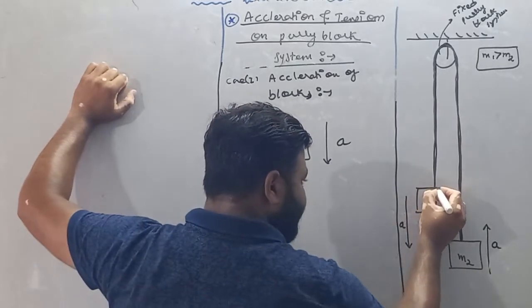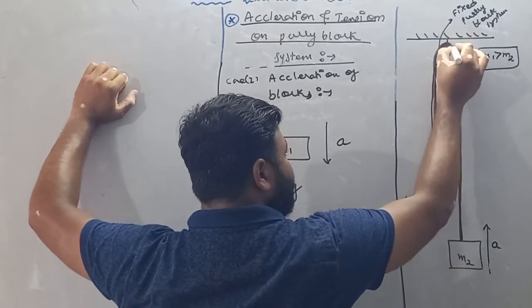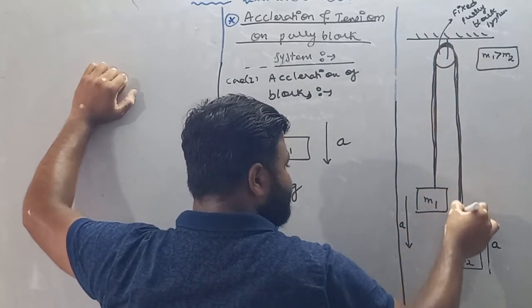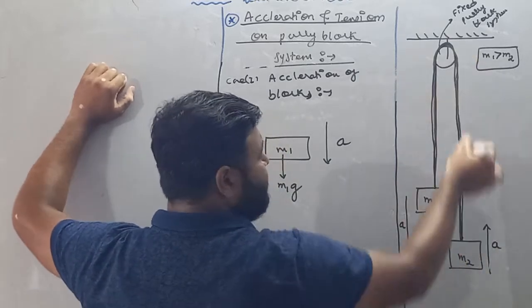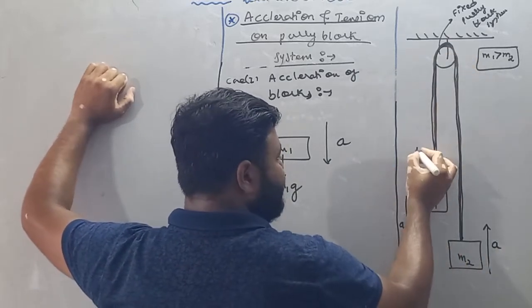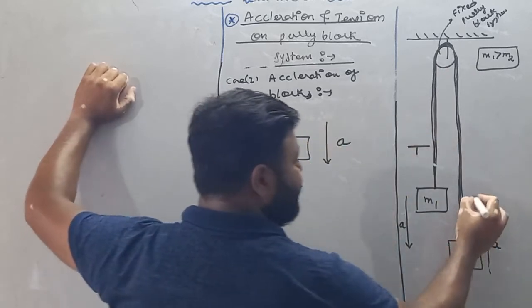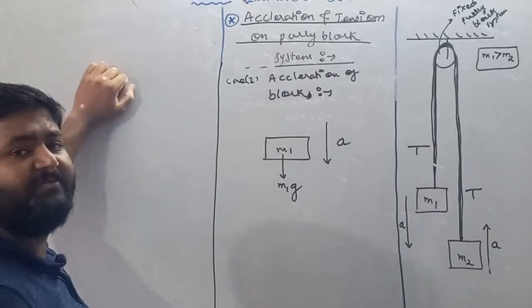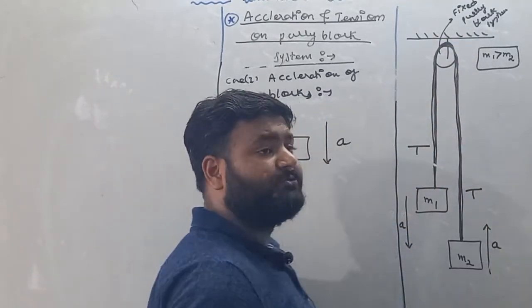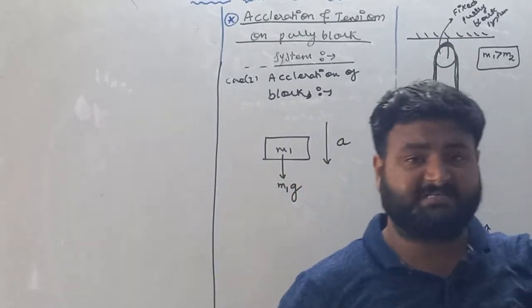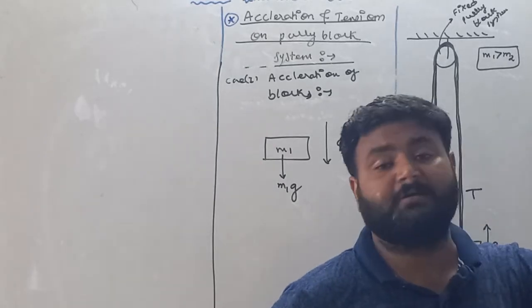And see, here we have a rope like this, and this rope is massless. So if this rope is massless, then tension on each point of the rope remains the same. So if tension on this side is T, then on this side also the value of tension is T, because tension remains constant throughout the rope if the rope is massless, and we are considering a massless rope.